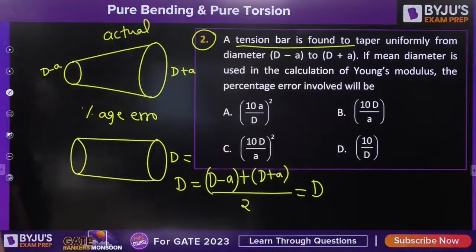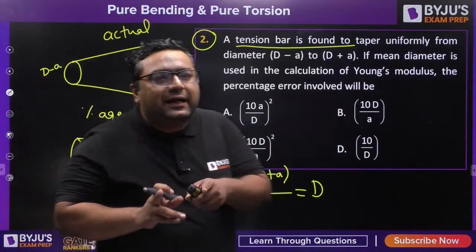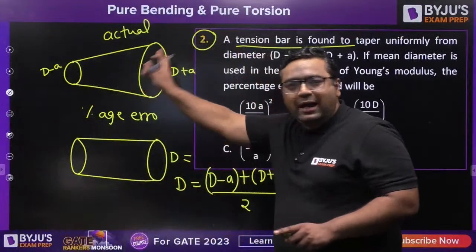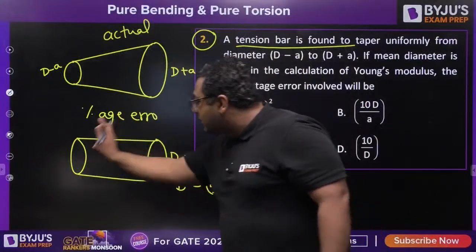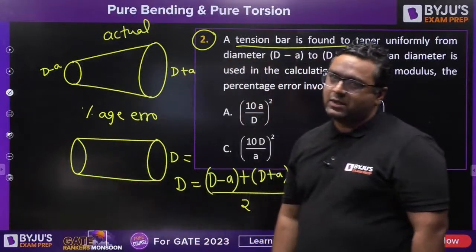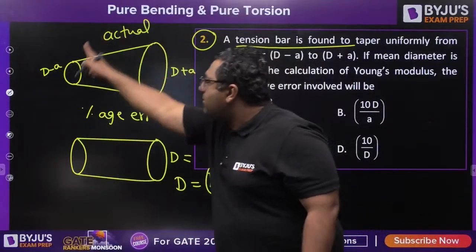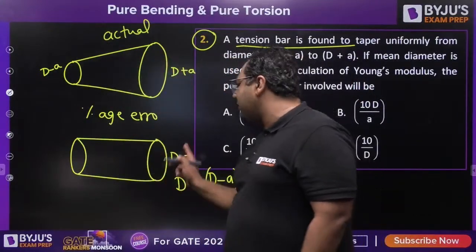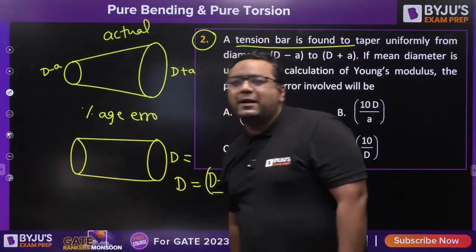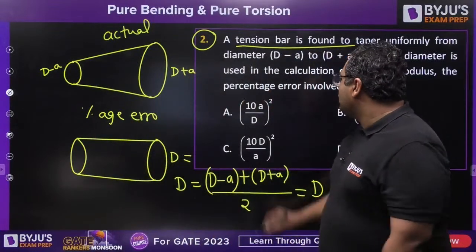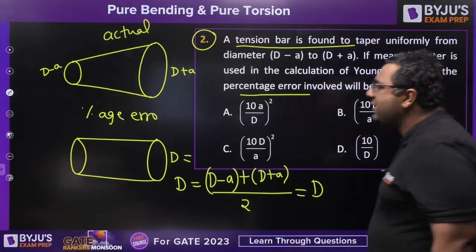Is it clear, guys? The reality is this taper bar, and the calculations are done using this prismatic bar. So obviously errors would be there, because for a taper bar the formula is different, and for a prismatic bar the formula is different. They are asking about the percentage error involved.